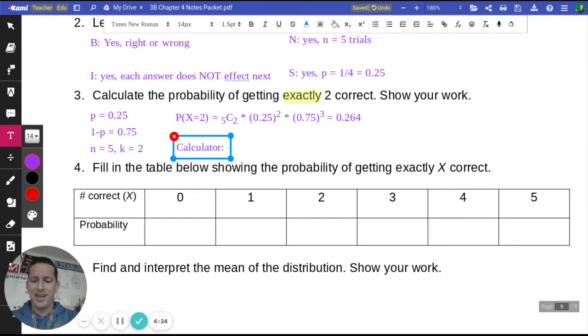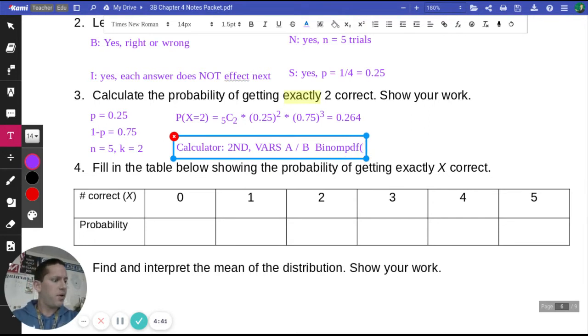On the TI-84, we're going to hit second, and then we're going to hit VARS, and then we're looking for either A or B. I can't recall, but one of them, A or B, is going to be binomial PDF, and that's for the exact number. The numbers we want are given to us as N, P, and K. So we're going to fill that in.